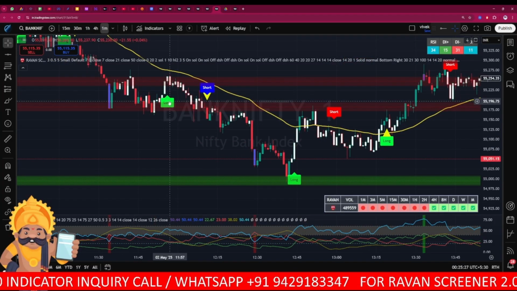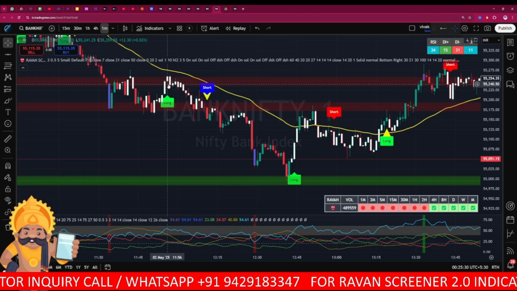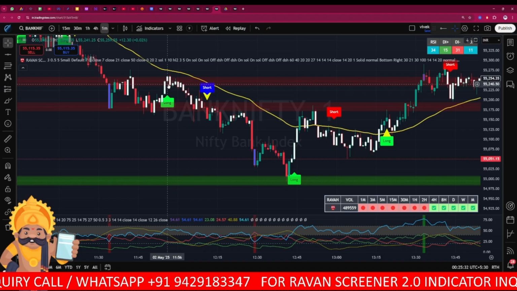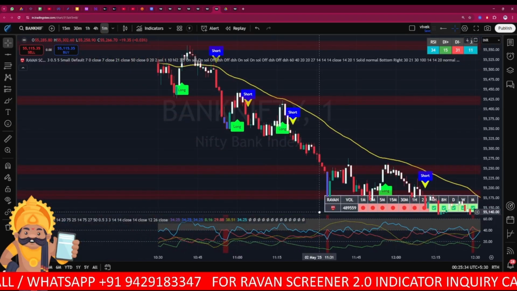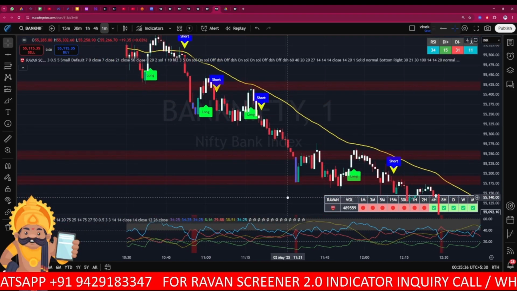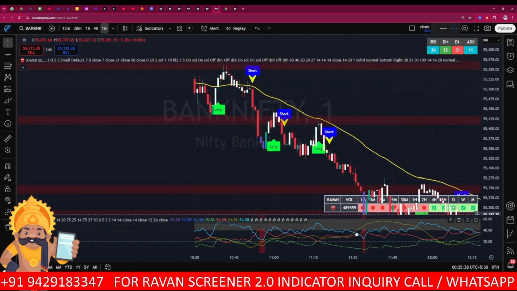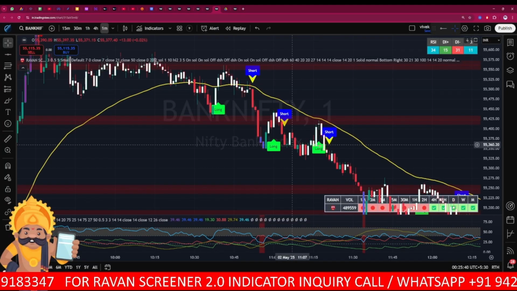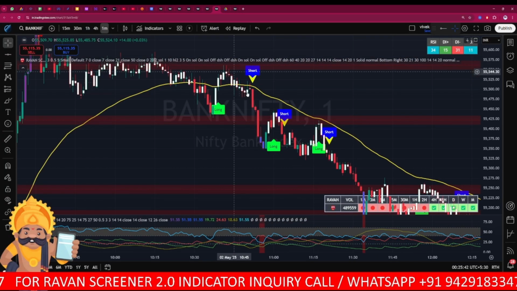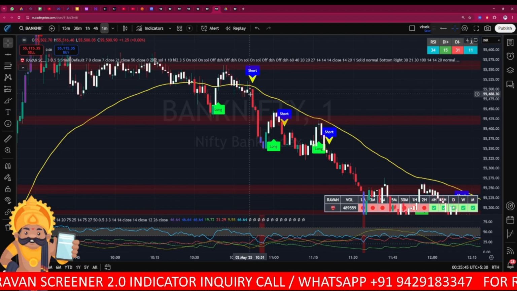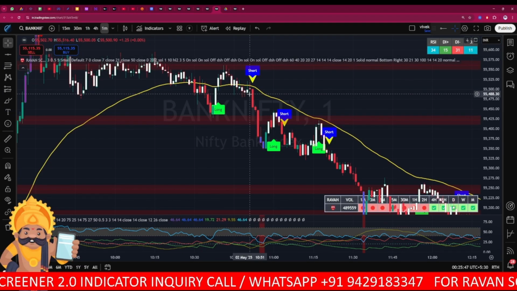This is the noise. You can see the long signal comes in white candles, in a range bound market. Always ignore those white candle signals, guys. You can see the short signals here. The 50 EMA confirmation we have for the short, and the RSI confirmation we do have for the short. So this is the move.